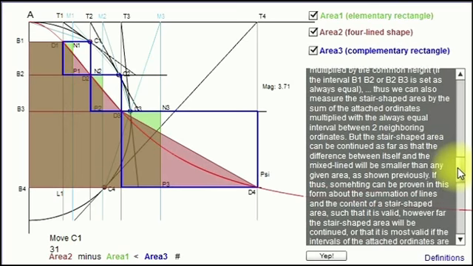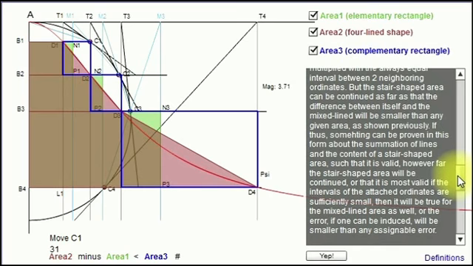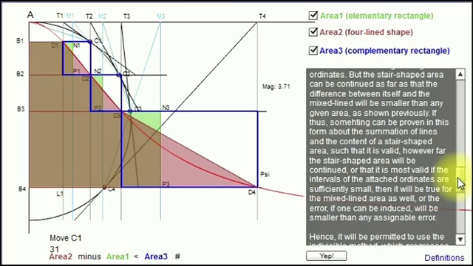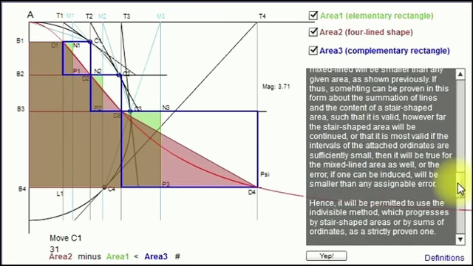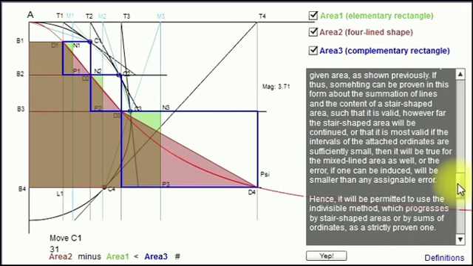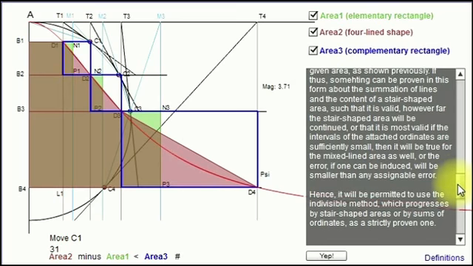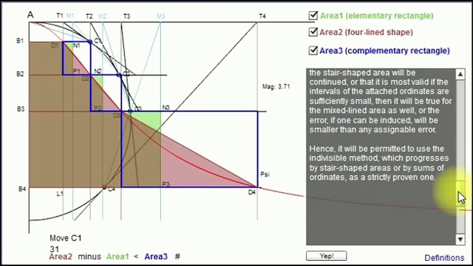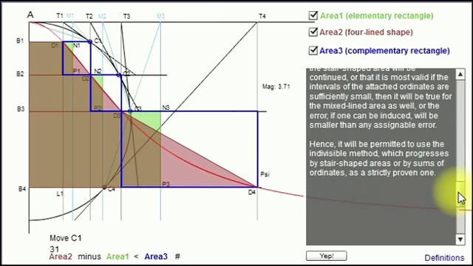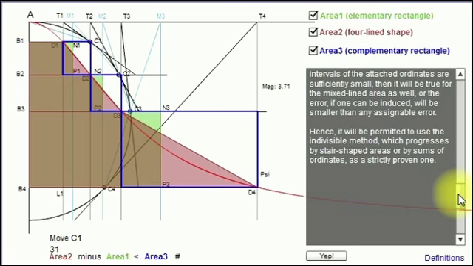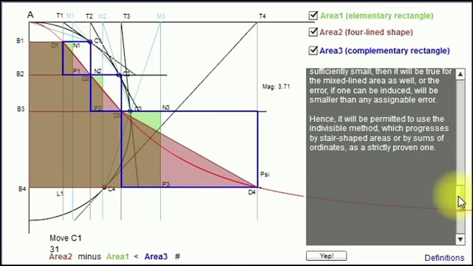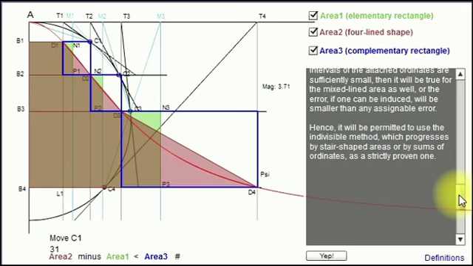If thus something can be proven in this form about the summation of lines and the content of a stair-shaped area, such that it is valid however far the stair-shaped area will be continued, or that it is most valid if the intervals of the attached ordinates are sufficiently small, then it will be true for the quadrilinear shape as well, or the error, if one can be induced, will be smaller than any assignable error. Hence, it will be permitted to use the indivisible method, which progresses by stair-shaped areas or by sums of ordinates, as a strictly proven one.